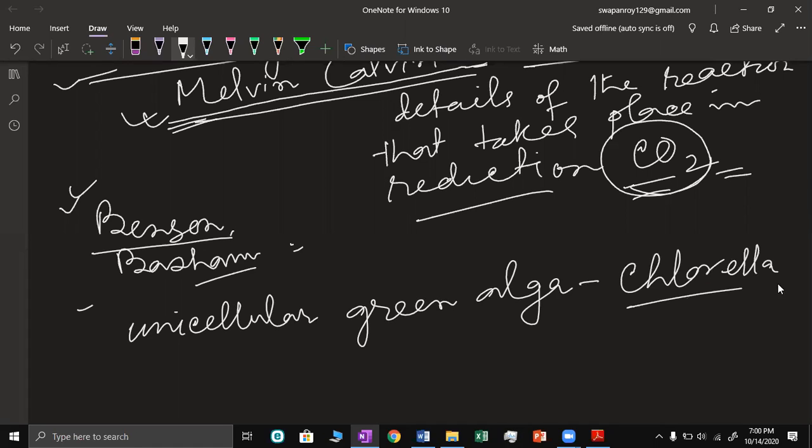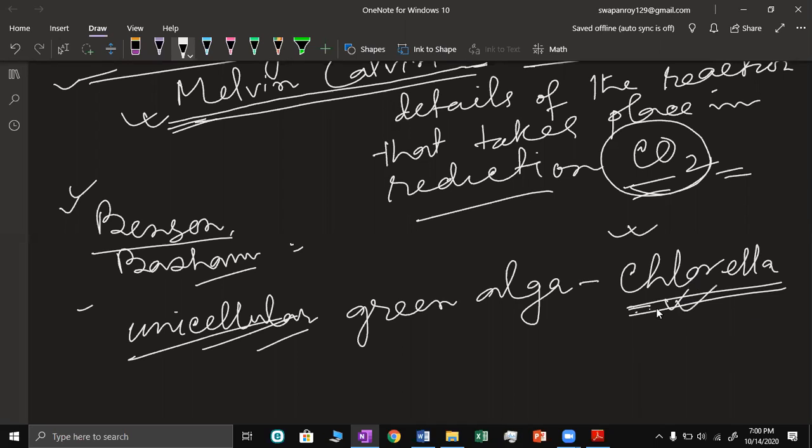Chlorella is a green algae that belongs to chlorophyceae. This is a unicellular algae. As I told before, in the green algae and in higher plants the photosynthetic pigment constitution is the same, so their mechanism of photosynthesis is similar, and that's why most of the research and experimental works were carried out in green algae.